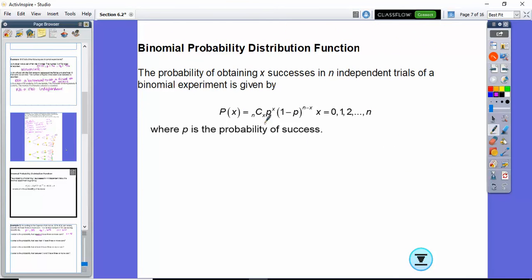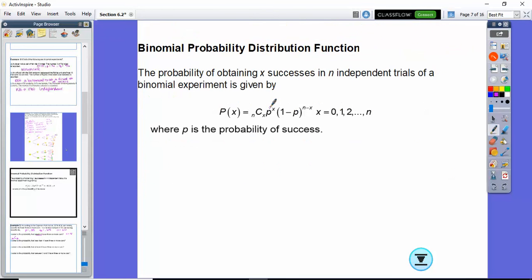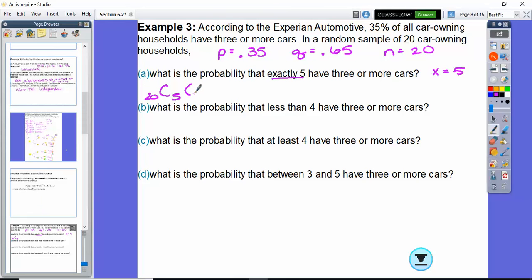Our formula, if you're looking at your formula sheet, it's N choose X. So we have 20 choose, what is my X here? 5. Then you have P, your success, to the X power. So my P is 0.35 to the 5th power because I want 5 of them that do have 3 or more. My Q, or my 1 minus P, is 0.65, and how many times does that need to happen? 15. N minus X. If I'm going to have 5 that do, then that means there are 15 that don't.